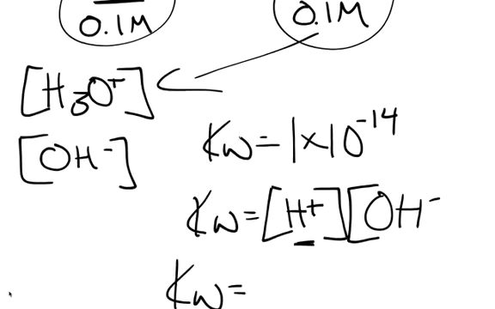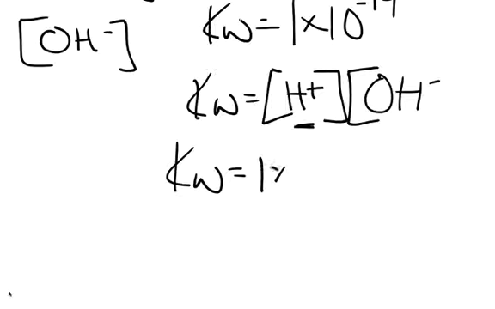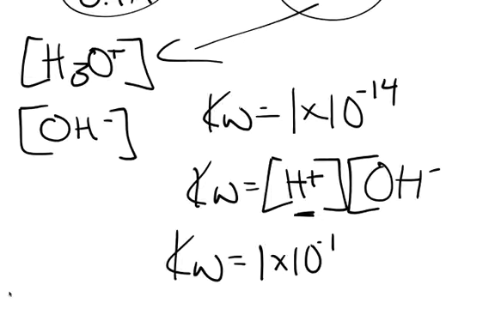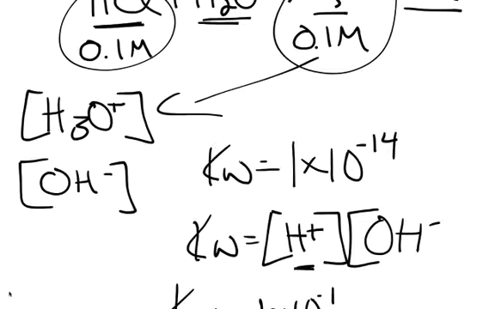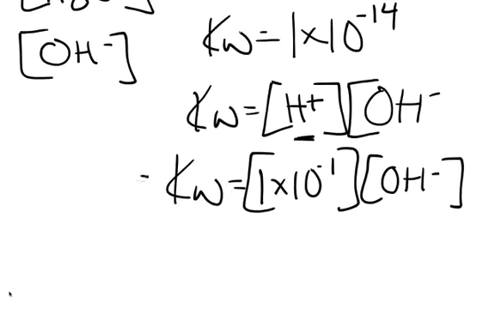Well, if this is 0.1 molar, I'm going to write it this way, 1 times 10 to the negative first. Hopefully everybody can see that 1 times 10 to the negative first is the same thing as 0.1. That times whatever the hydroxide ion concentration is has to equal the 1 times 10 to the negative 14th.